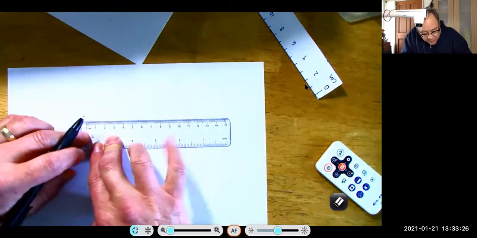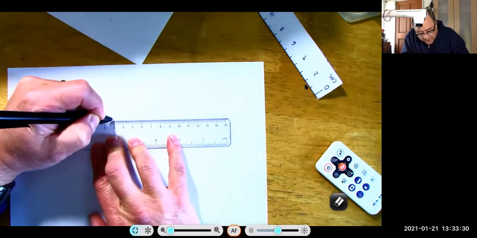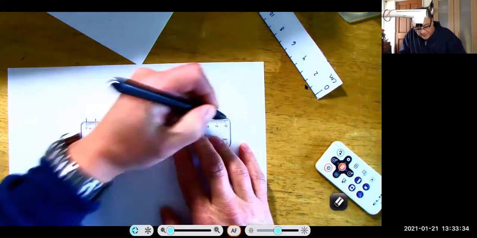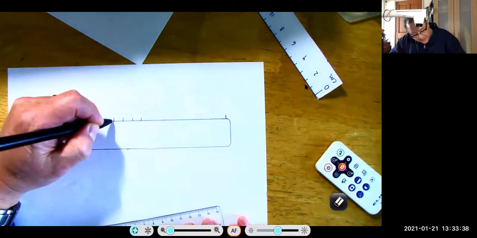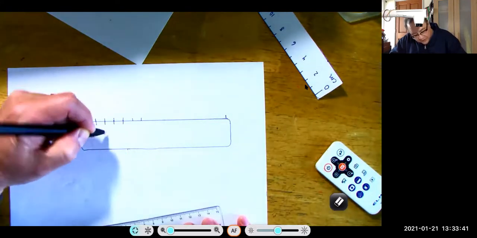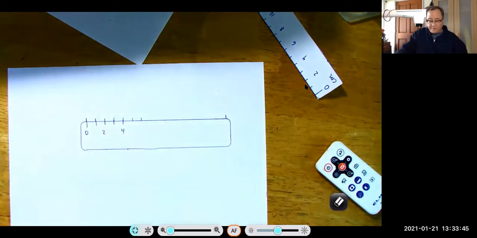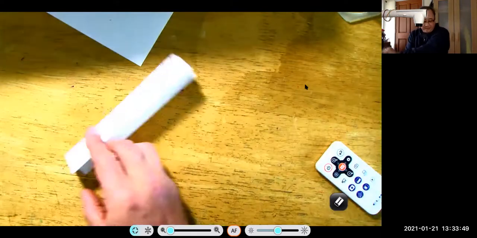And here I'm going to put lines at 0, 1, 2, 3, 4, 5, 6, all the way up to 15. And then I'm going to bring the lines down. And then I'll put a 0 here, a 2 here, a 4 here, and so forth. And I'll make a paper copy of my ruler. And it ends up looking like this.